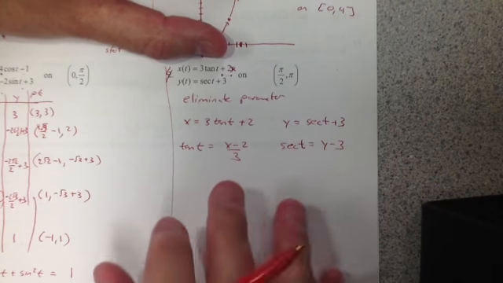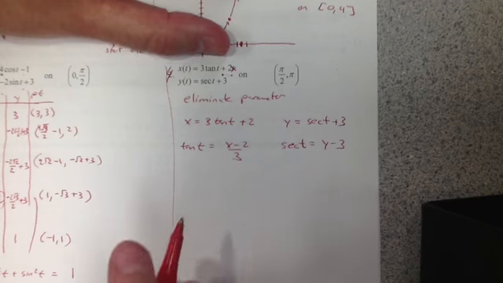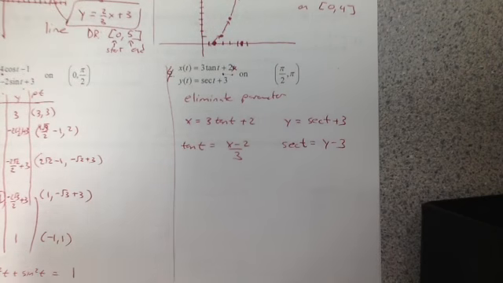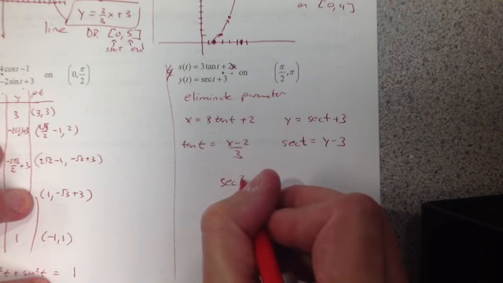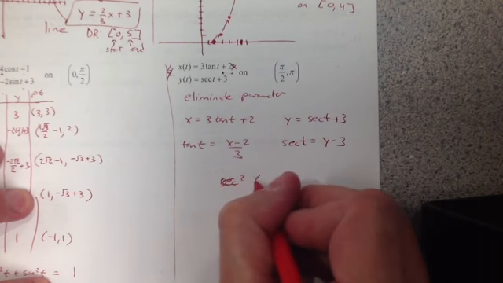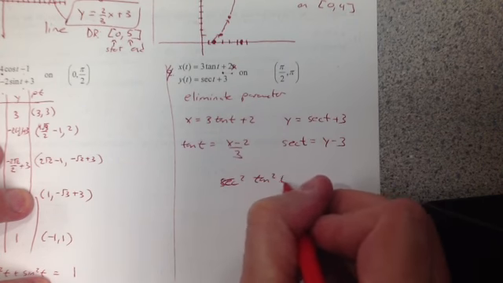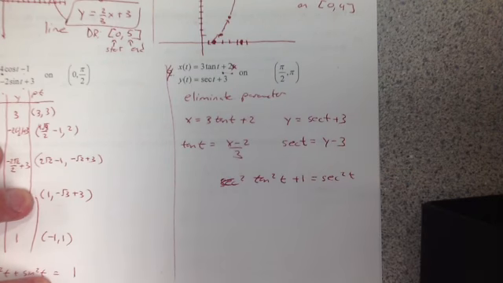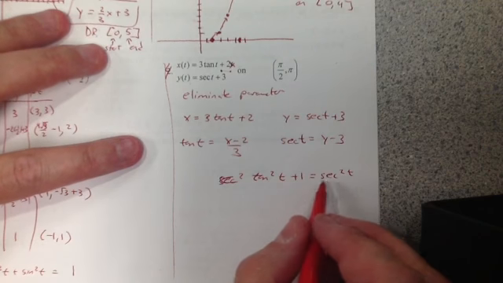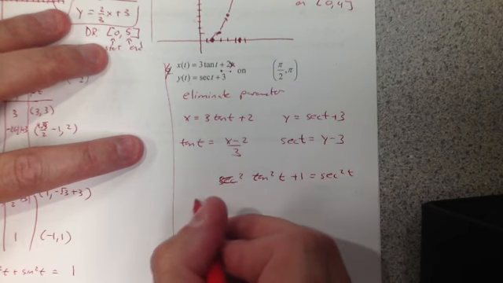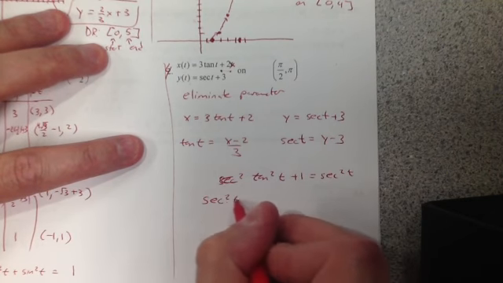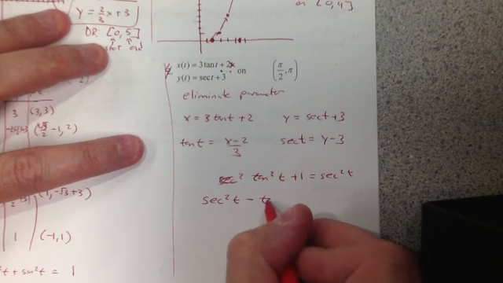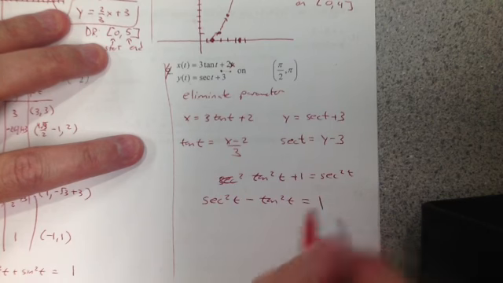Now, what trig identity are we using here? This is our Pythagorean identity: tangent squared of t plus 1 equals secant squared of t. So, in other words, if I subtract, I get secant squared of t minus tangent squared of t equals 1.